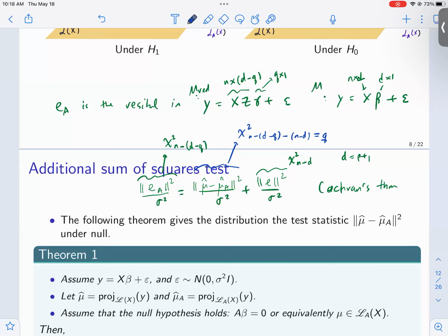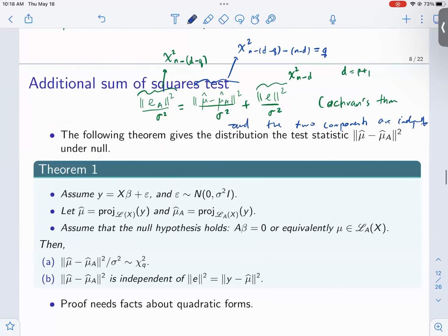And furthermore, the 2 components are independent. That's the content of this theorem.